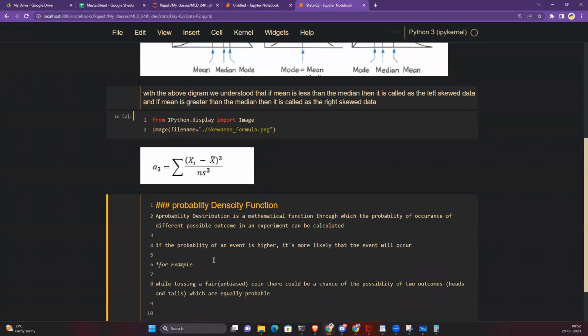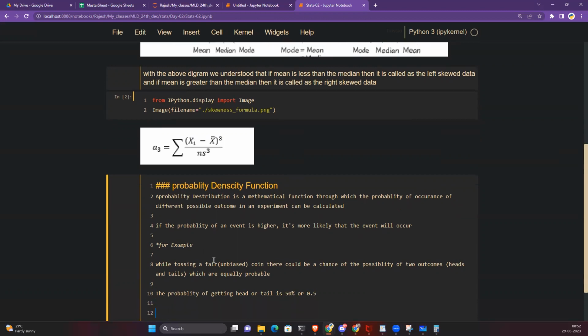So the probability of getting a head or a tail is 50%, or 0.5.